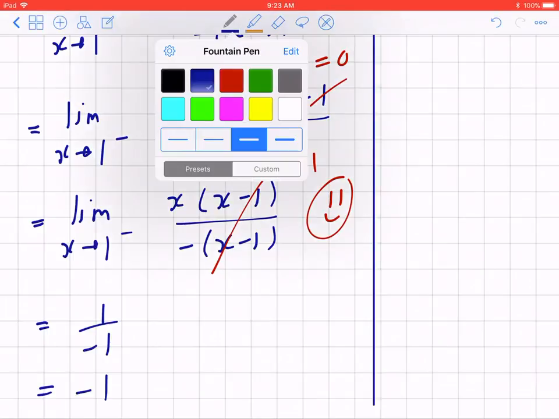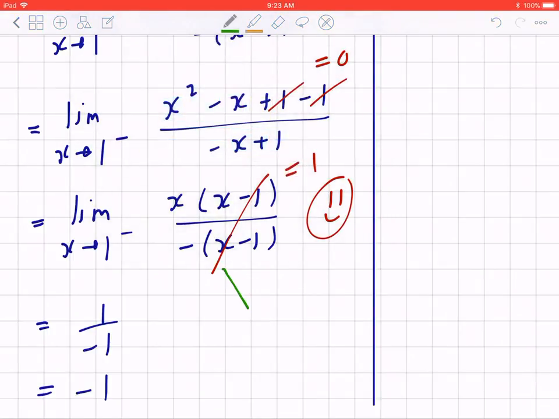You want to be mindful that at this part of the limit, the function basically equals negative x, because we're looking at the left-sided limit, from the negative side. This is the graph that you're thinking about for x less than 1. So again, we don't include 1. It's x less than 1.